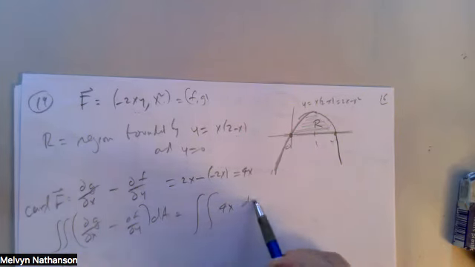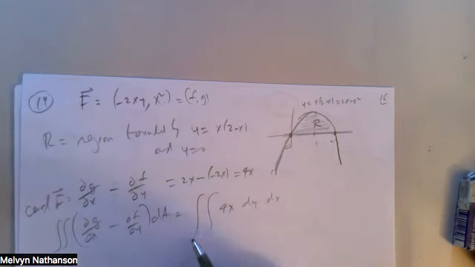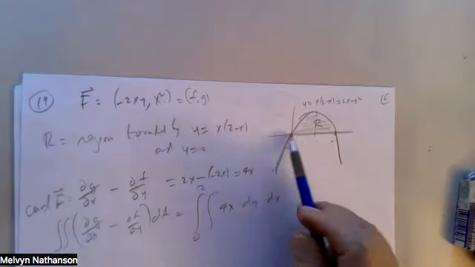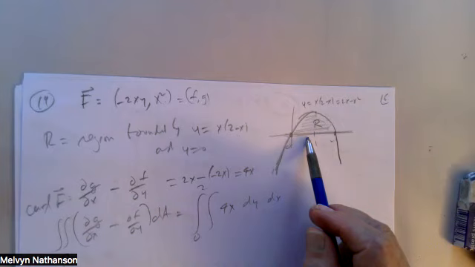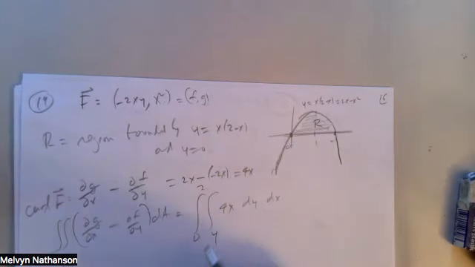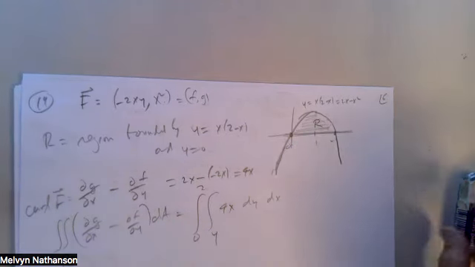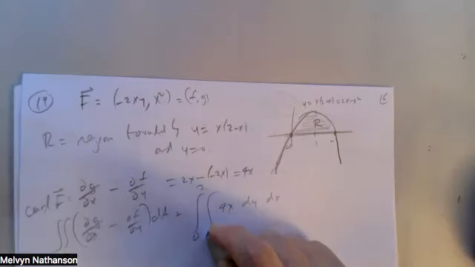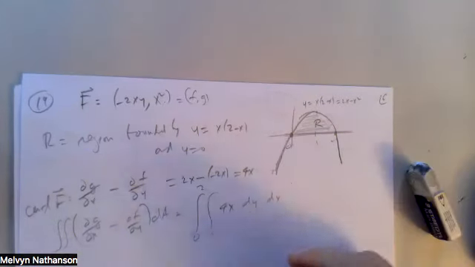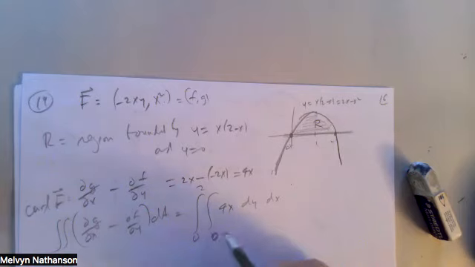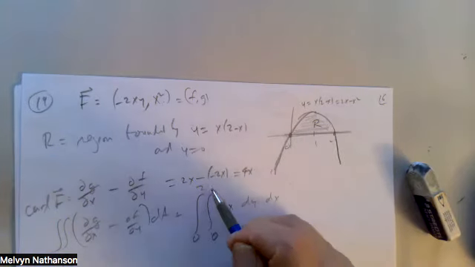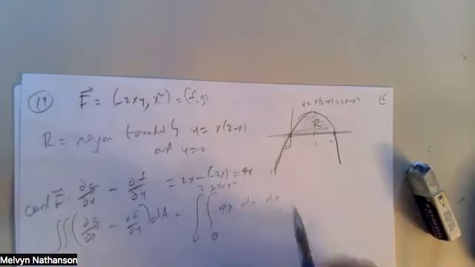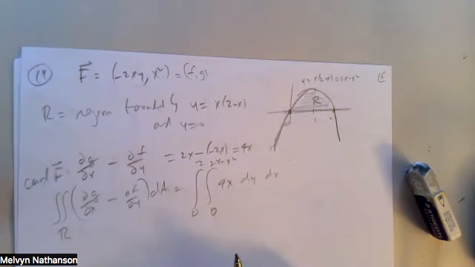In this region, x goes from 0 to 2, and for each x from 0 to 2, y goes from 0 to 2x minus x squared. So let me just do this carefully.